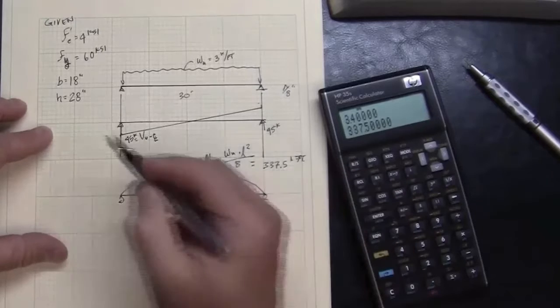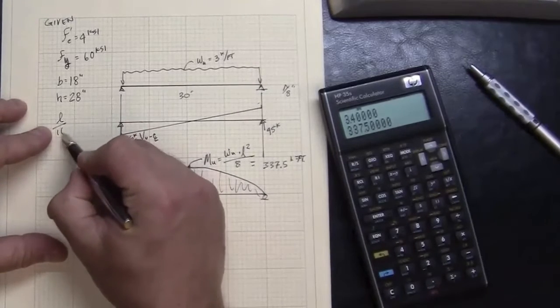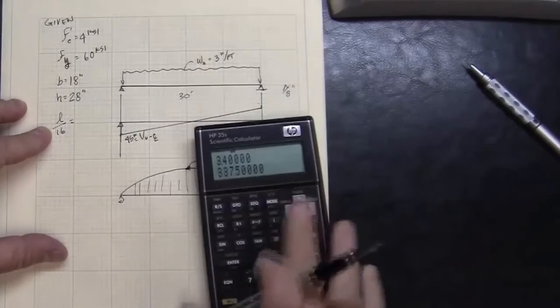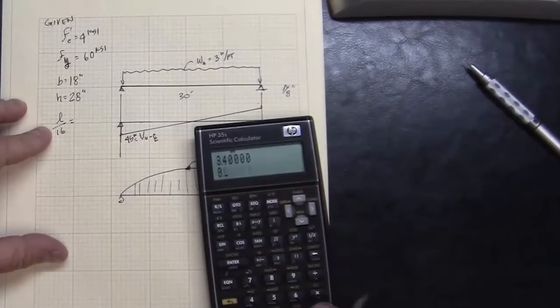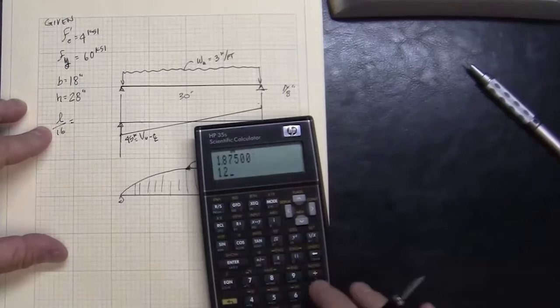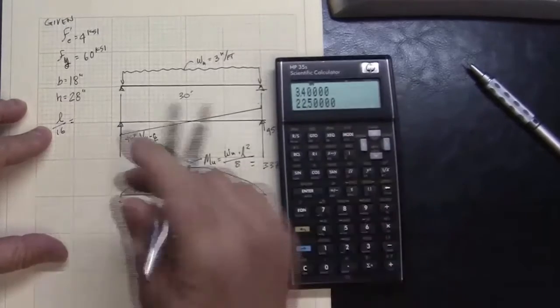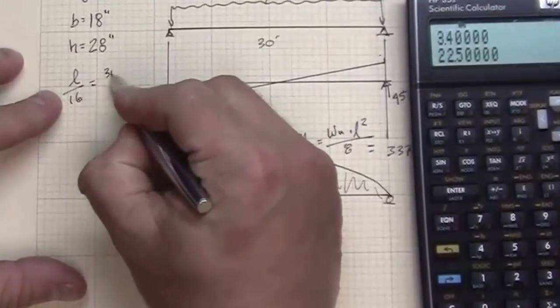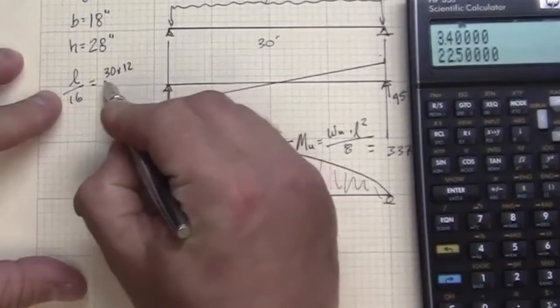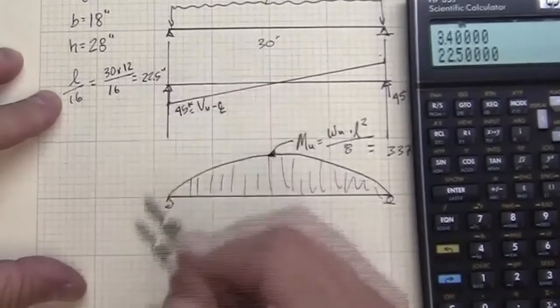If I wanted to look at its span over 16, this would be the depth limit. The shallowest member we could have would be 22 inches. If I did 30 feet times 12 divided by 16, it'd give me 22.5 inches.